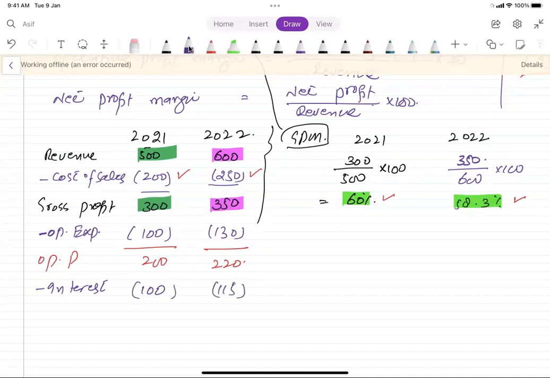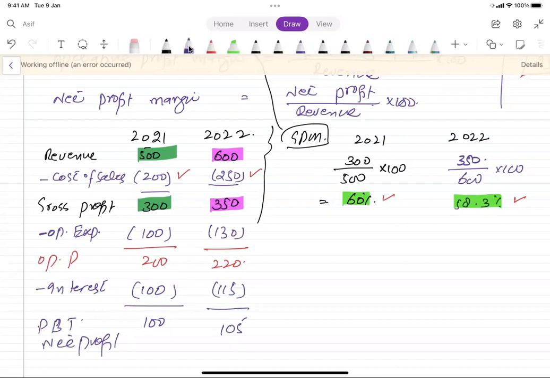For example, the net profit or the profit before tax, PBT stands for profit before tax, will be 100 and 105. Again, looking at this situation, a layman would say 2022 is still better because net profit or profit before tax is still higher than 2021.